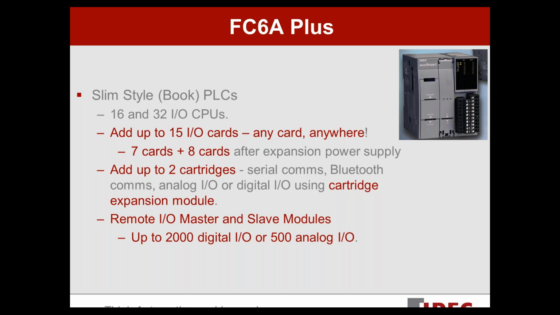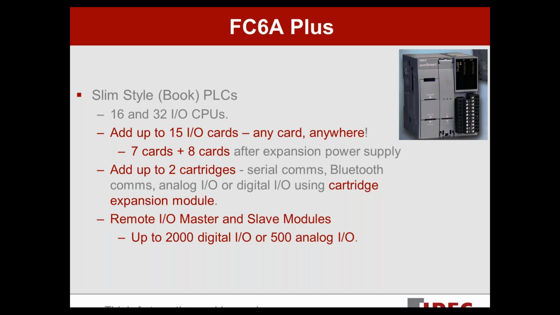All right, now let's take a look at the FC6A Plus. Again, these are available in 16 and 32 IO CPUs. You can have up to 15 IO cards. Again, any card, anywhere. You can plug in up to 7 cards, then the expansion power supply, and then 8 additional cards after that. You can also add up to 2 cartridges by using the cartridge expansion module.